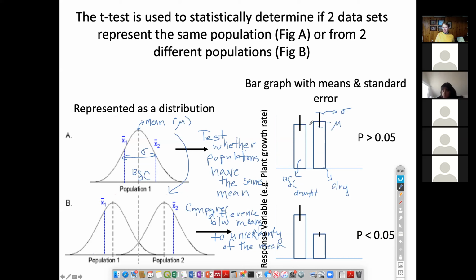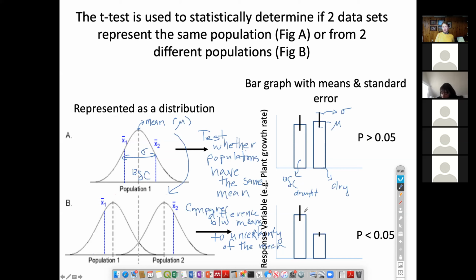If we run the t-test here, we would probably say that there's a 99% probability that they come from the same population.